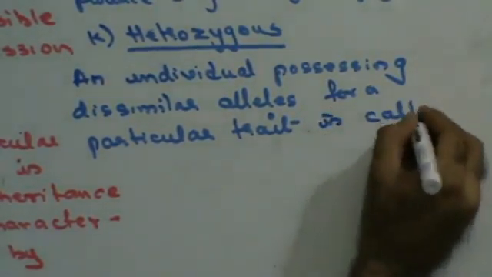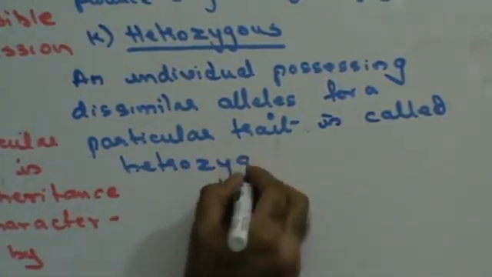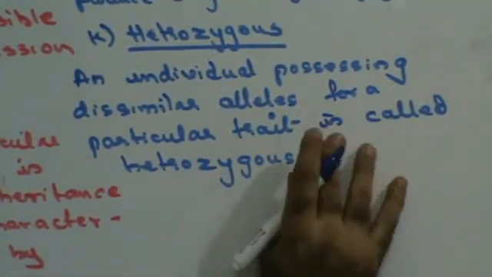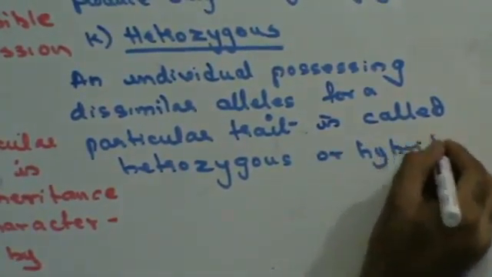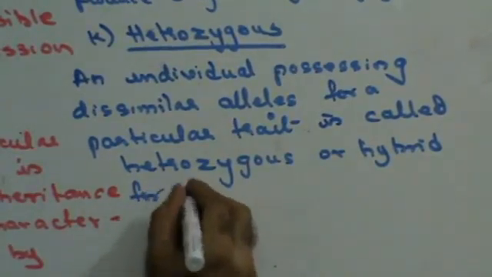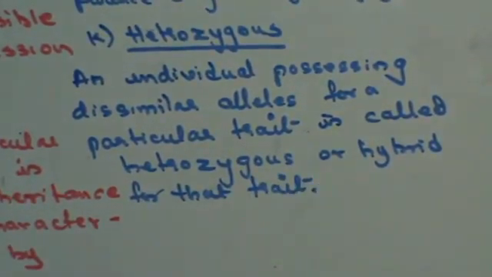It is called heterozygous or hybrid for that trait. Fine. Now, heterozygous does not breed true because it produces two different types of gametes.